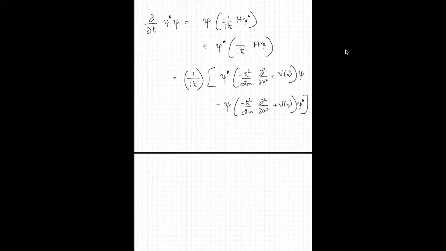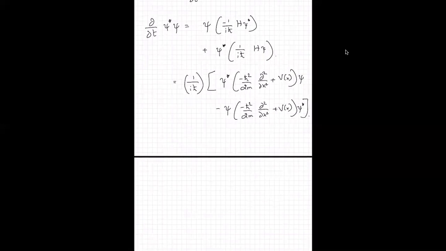The second term is minus psi times d squared dx squared plus V of x acting on psi star. And you would actually find that the V term cancels, because psi star V psi minus psi V psi star are the exact same things.